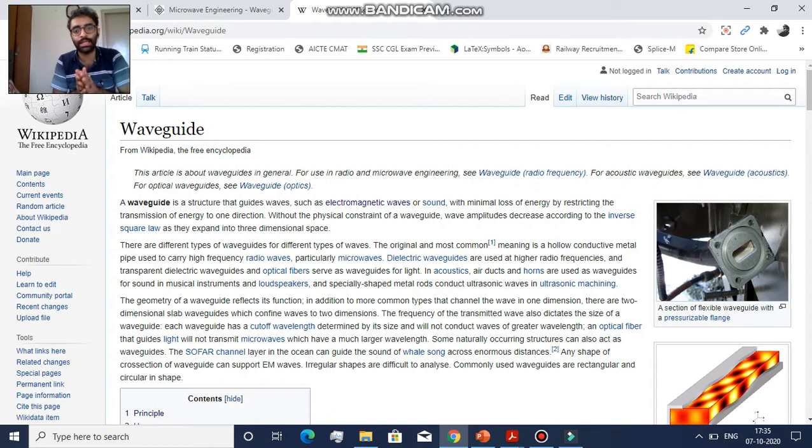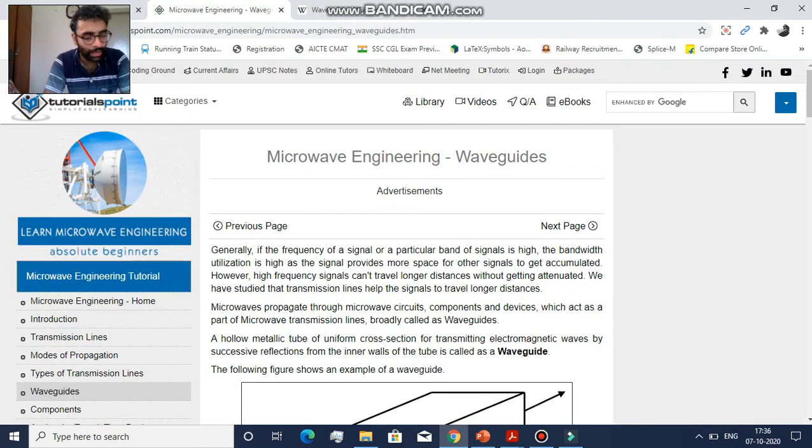It restricts the direction of energy to one direction, and without the physical constraint of a waveguide, wave amplitudes decrease according to the inverse square law. That means as the distance increases, the amplitude of the wave decreases according to the inverse square law. So this is the definition of waveguide that we can refer to.